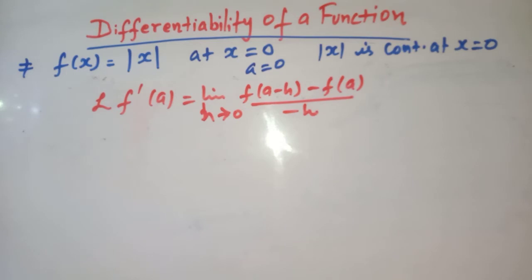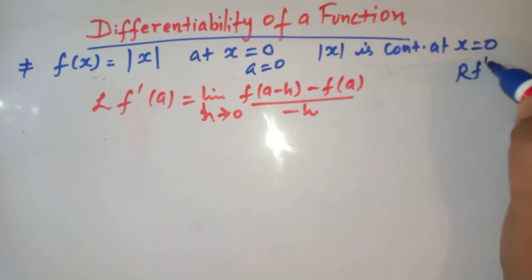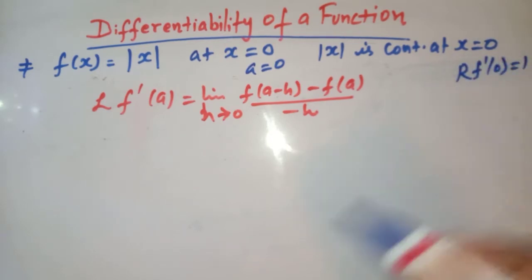Clear? So we have just obtained the value of the right hand derivative, f prime of 0 is equal to 1.